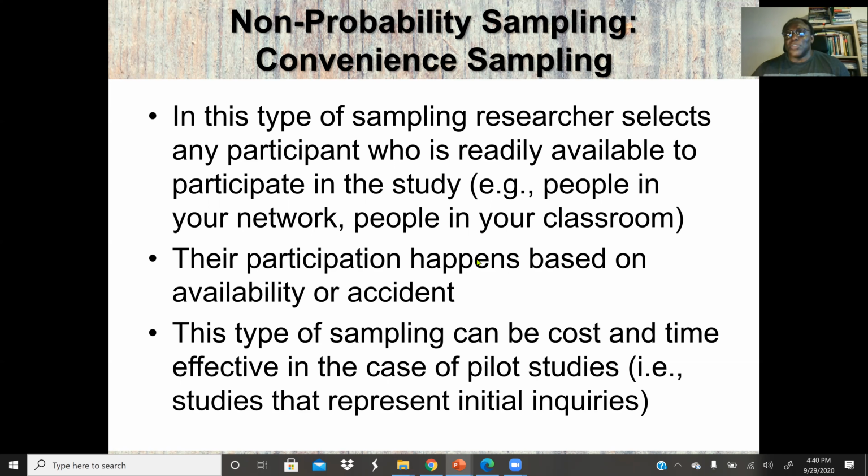I would rather prefer to use my family members or my friends in my studies than to go to the field randomly selecting participants. Also, their participation happens based on availability or accident. And also, this type of sampling can be cost and time effective in the case of pilot studies. That is a study that represents initial inquiries.